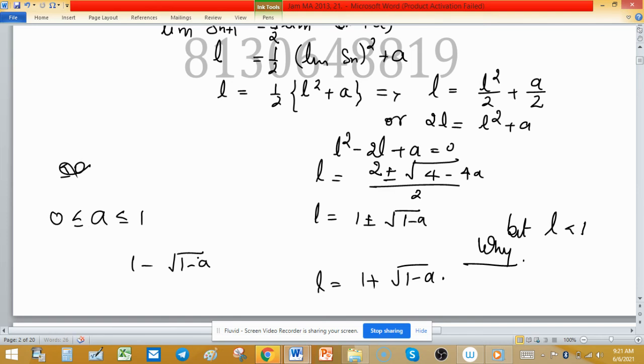If we choose this, it is always positive and less than 1, so 1 minus this may be positive. So this is not perfect reasoning.